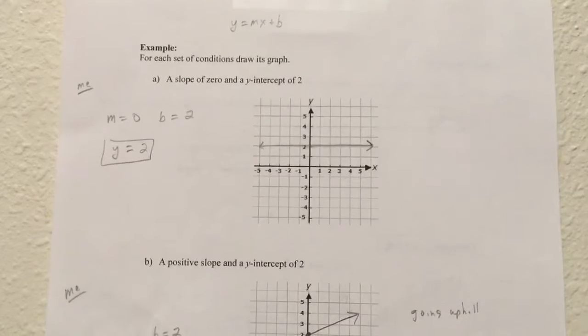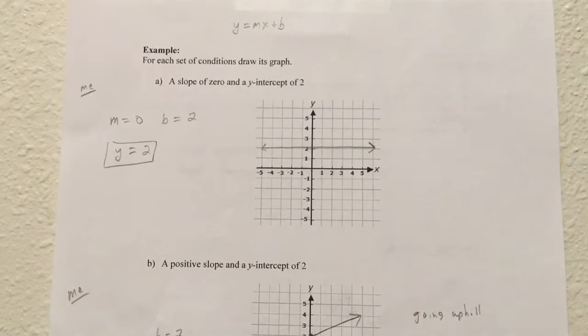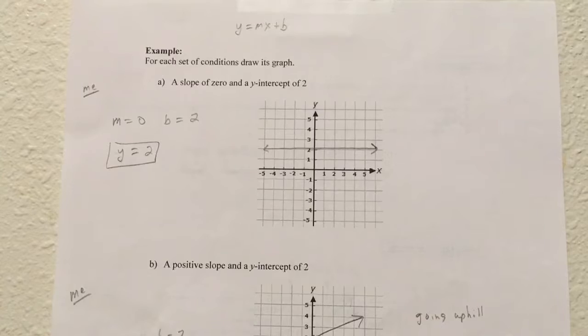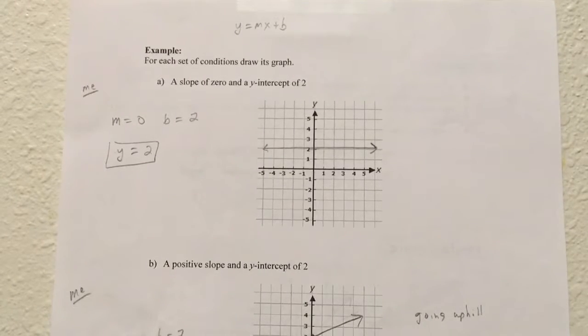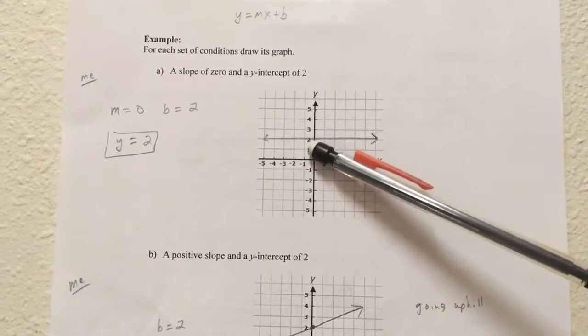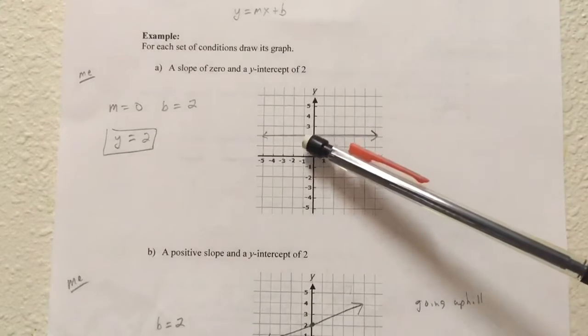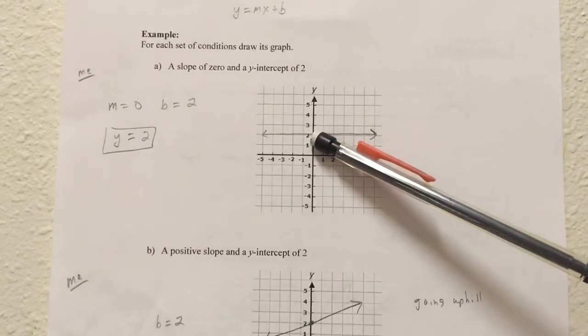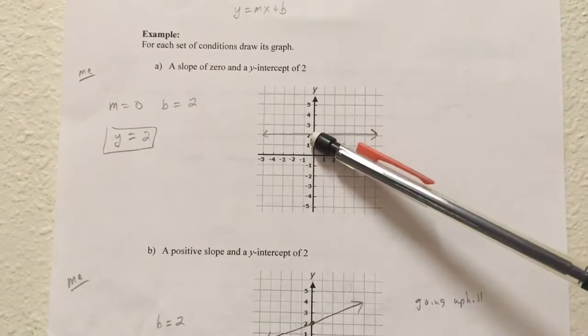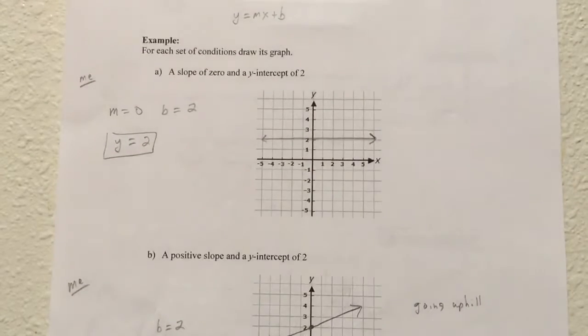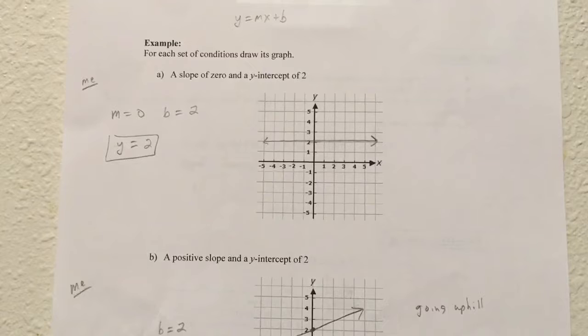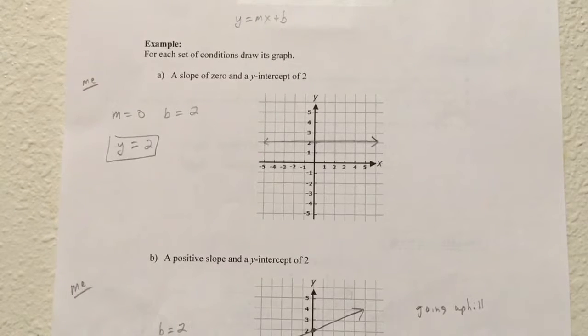So in part A, we have to graph a straight line with a slope of 0 and a y-intercept of 2. Well, here's 2 on the y-axis, so the graph of the straight line has to cross the y-axis at that point right there. A line with a slope of 0 is perfectly flat.